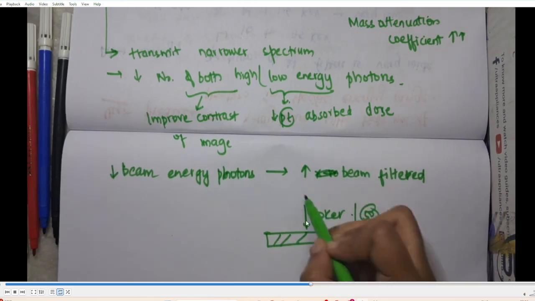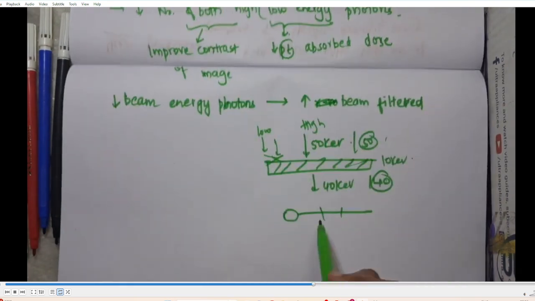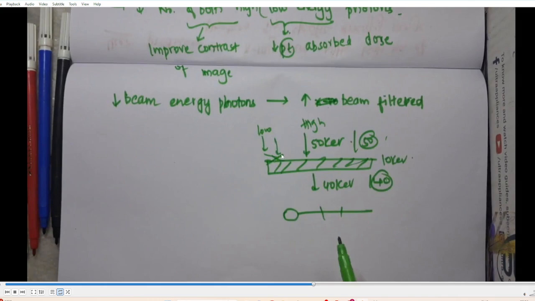If you see here, when X-rays of 50 kilo electron volts are passed through the filter, low energy photons are absorbed by this filter and cannot transmit through it, whereas high energy photons are not absorbed completely.